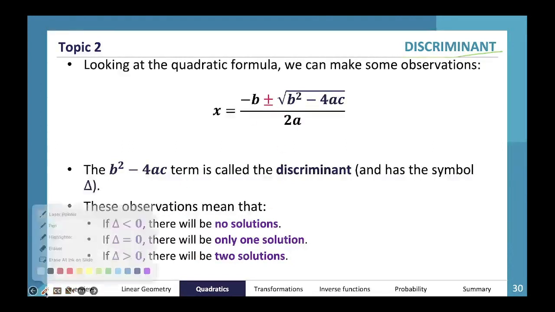Imagine if this part of the graph isn't there, it's just going to be plus or minus 0, so our only x solution is minus b divided by 2a. But pretending that this is there, now we have plus or minus, so we can add this or subtract it, and we'll get two solutions.